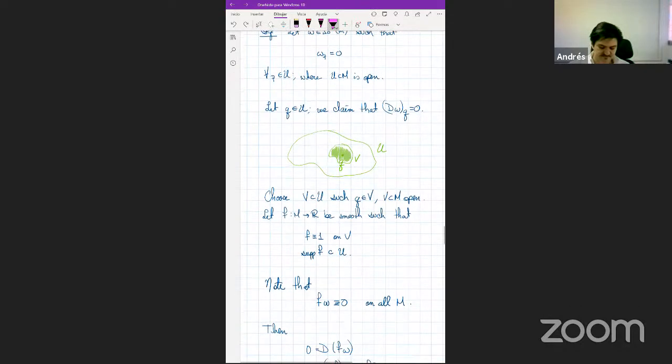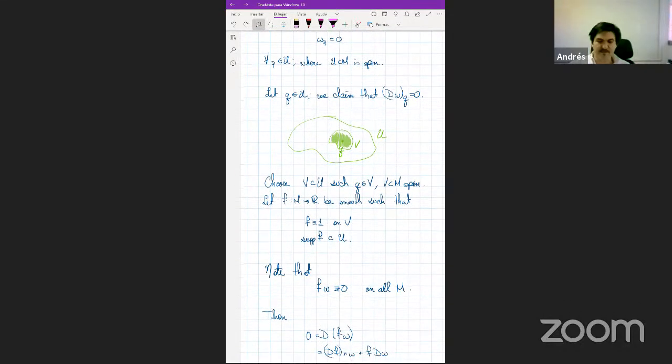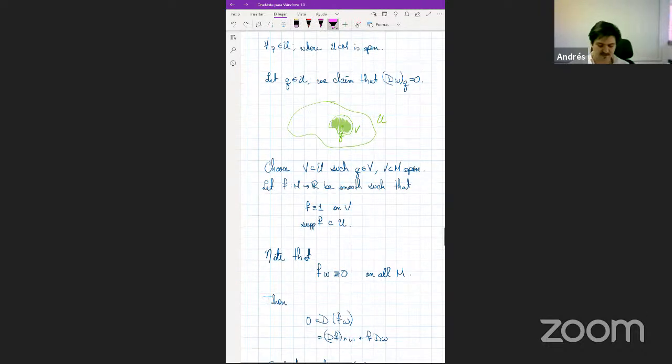Then let's apply the exterior derivative. I get 0 in this. Then we use the product rule, and I have this. Remember, this is in all of M, so this is also on all of M. That equality holds everywhere in M.